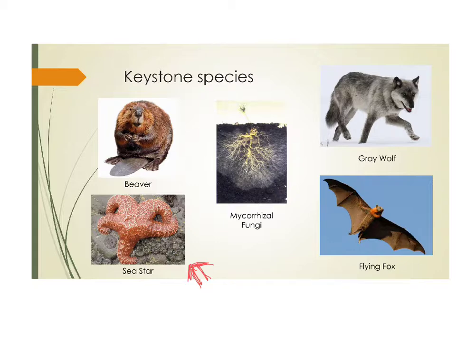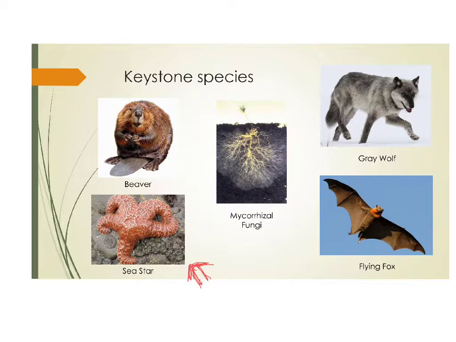And then mycorrhizal fungi. This is something that people don't think about. The fungal mats that have to do with roots underneath the ground, and what you're seeing there is a picture of mycorrhizal fungi underneath the ground. These fungi perform incredible ecosystem services.